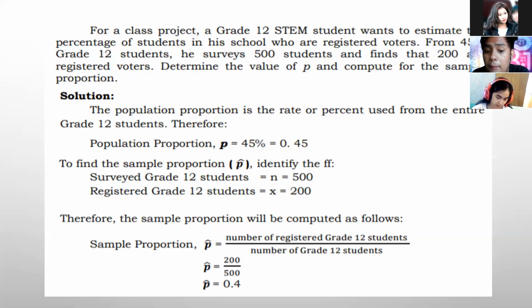It will become 0.4, or kapag i-change natin into percentage form, that will be times 100. So that will be 40%. So our sample proportion is 40%. Our population proportion is 45%. Diba? Madali lang. Okay po.